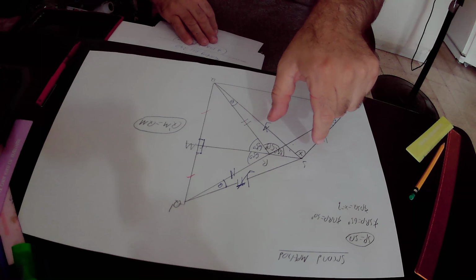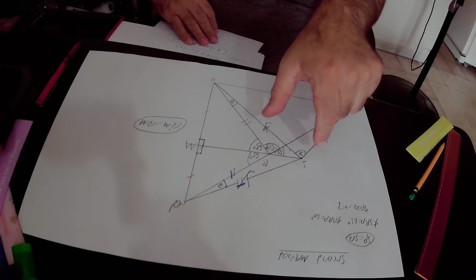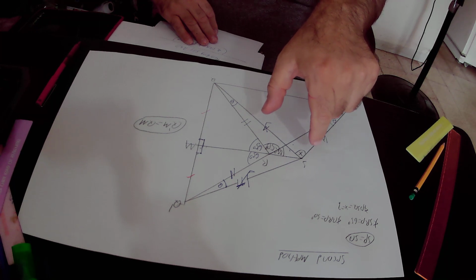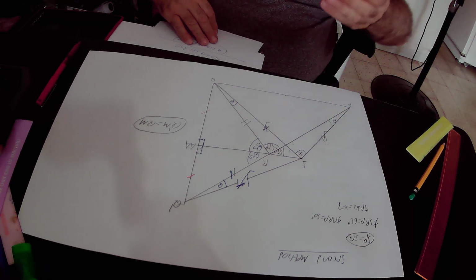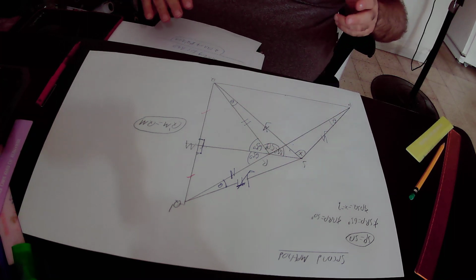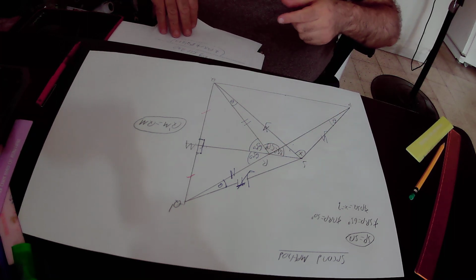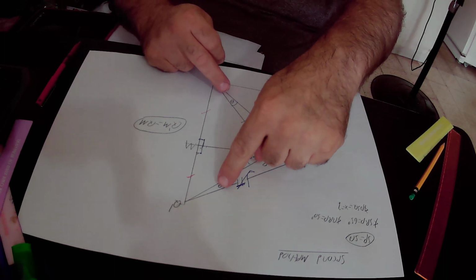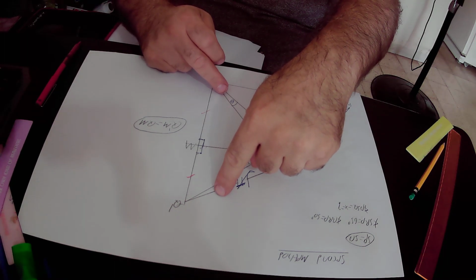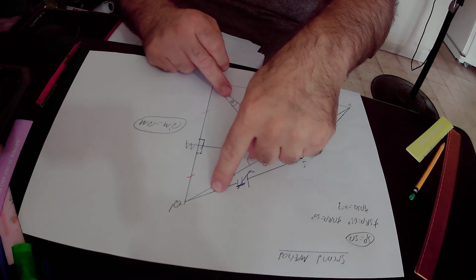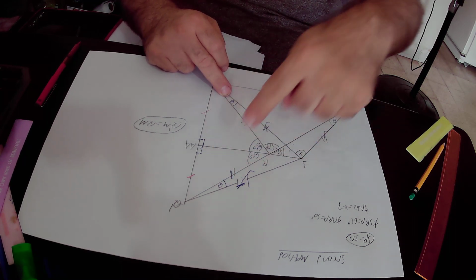And we have a common side, that is to say SR belongs to both triangles. So SR equals SR as a common side. So we proved that those two triangles can go into each other according to the side side side rule. And from the fact that those two triangles can go into each other, we can conclude that those two angles are equal to each other. So if this angle is theta, this angle will also be equal to theta.